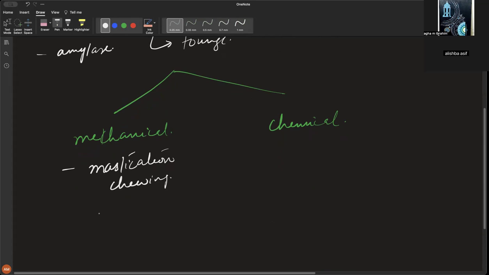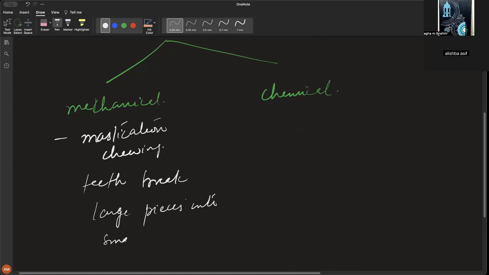How does it take place? By the help of teeth. Teeth break large pieces into smaller pieces, smaller ones.